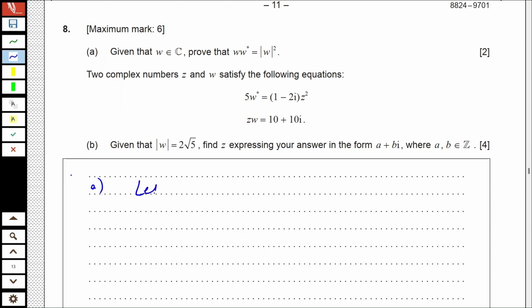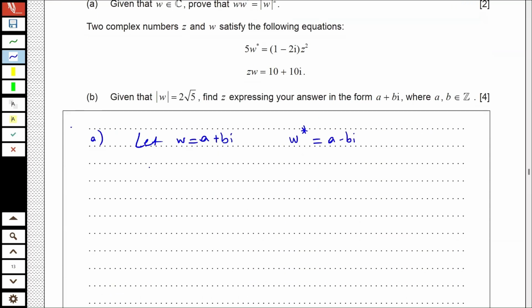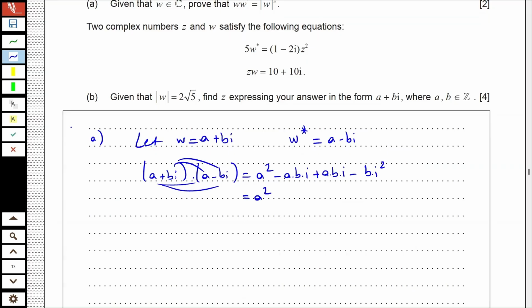You can write let W equals A plus B times I. In this case, the conjugate of W is gonna be A minus B times I. So if you multiply these complex numbers, it will be A squared minus A times B times I plus A times B times I minus B times I squared, which is A squared, these are cancelled, plus B squared because I squared equals minus 1.